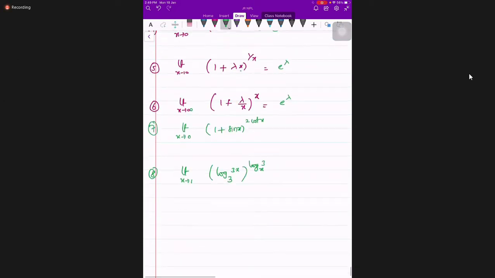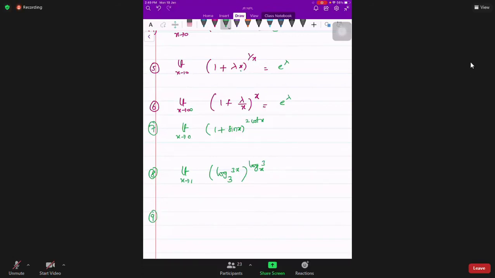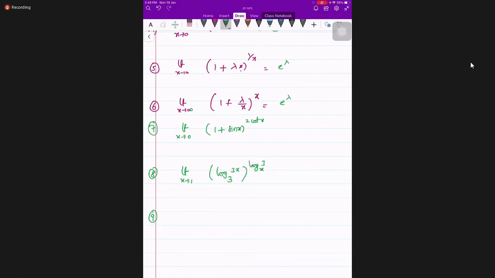So e power. Here cos x is 0 to e power 2. See this one again, it is in the form of 1 power infinity. So how are we going to answer? e power limit x tends to 0, 1 plus sin x minus 1, into 2 cos x by sin x.